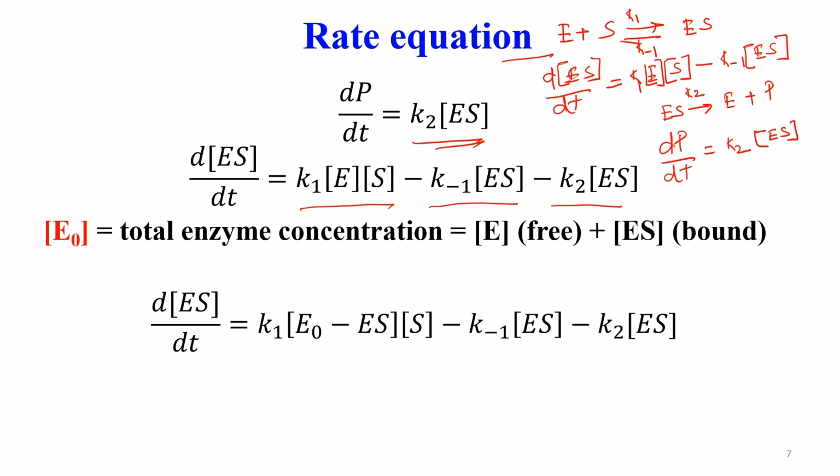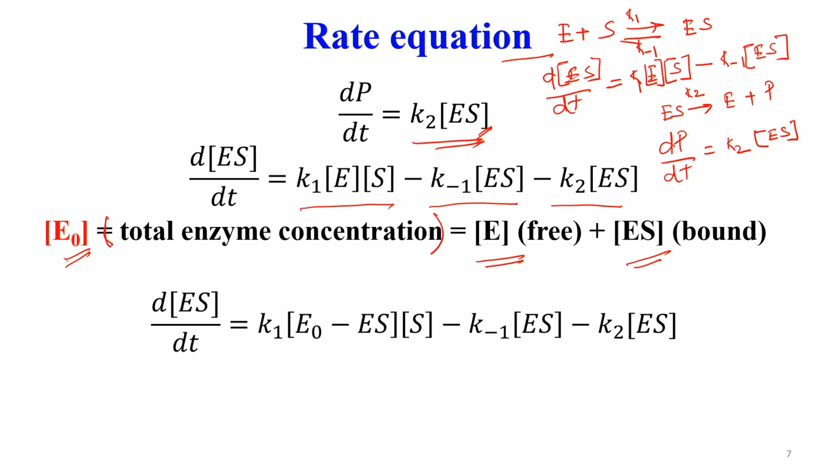Now, as we know this enzyme, we have the initial enzyme, that is partly converted to the enzyme substrate complex. So, to account for that we say there is a total enzyme concentration, which was initially E naught, that equals the free enzyme E available for the reaction, as well as the ES, which is bound and part of the enzyme substrate complex.